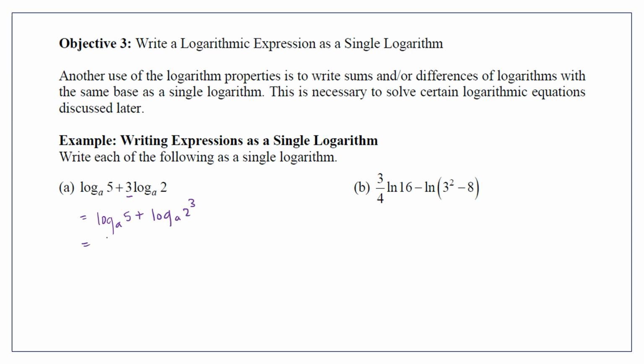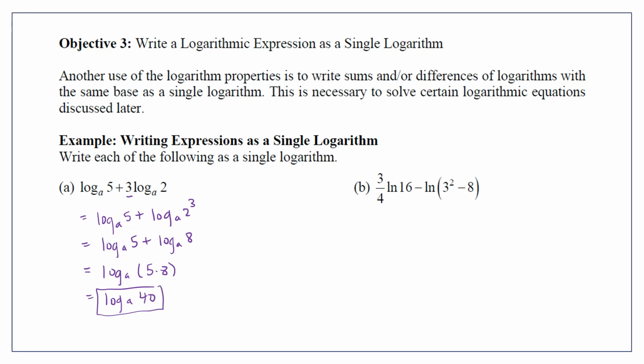We can simplify that. So log base a of 5 plus log base a of 8. 2 to the third is 8. So now we can combine log base a of 5 times 8, which equals log base a of 40. So now we've combined the 2 logs being added together into one single log.